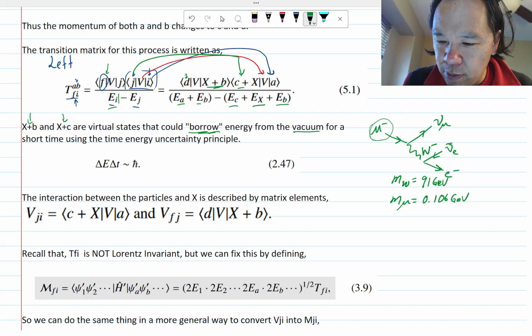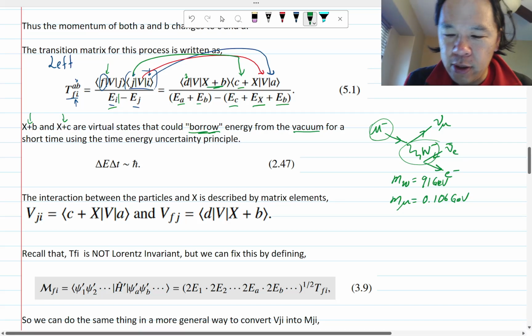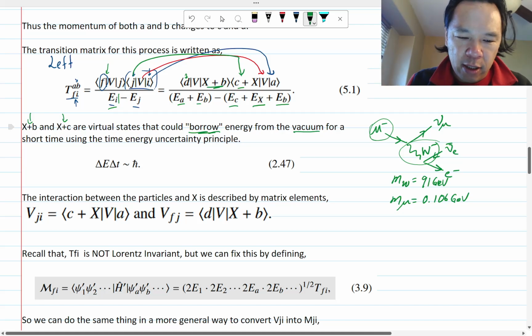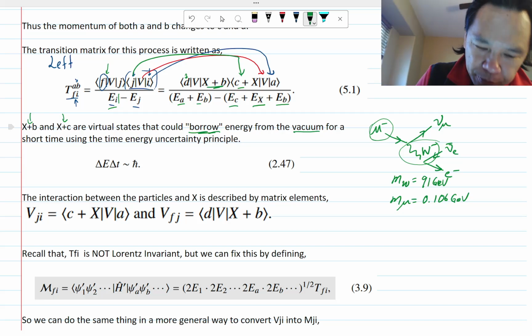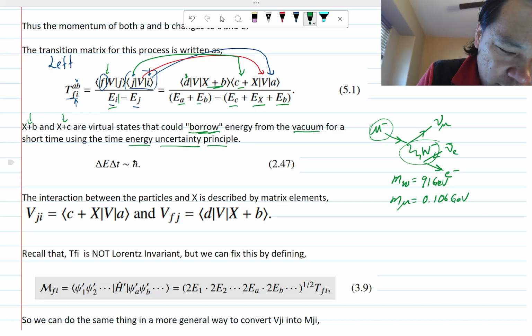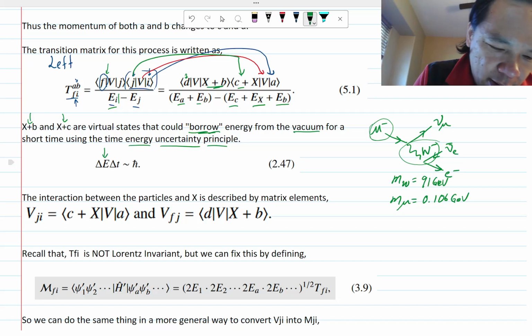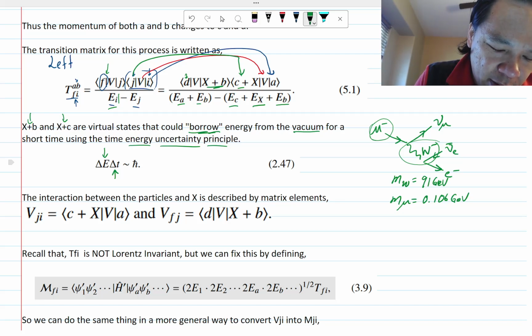So the muon actually does not have enough rest energy to make a W boson ever. But since the W boson in this case is a virtual particle, this decay is borrowing some energy from the vacuum temporarily, for a very, very short amount of time. How short? That amount of time has to obey the energy-time uncertainty principle, where the amount of energy you borrow from the vacuum times the amount of time you borrow it has to be approximately h bar.